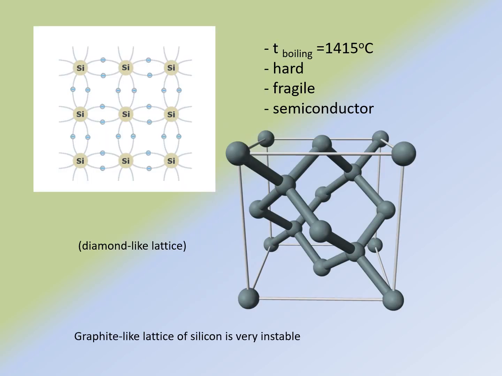This is the crystal structure of silicon in its diamond-like modification. There is also a graphite-like lattice of silicon, but it's very unstable. Silicon, as well as diamond, is hard, but fragile. And, as you remember, silicon is a semiconductor.